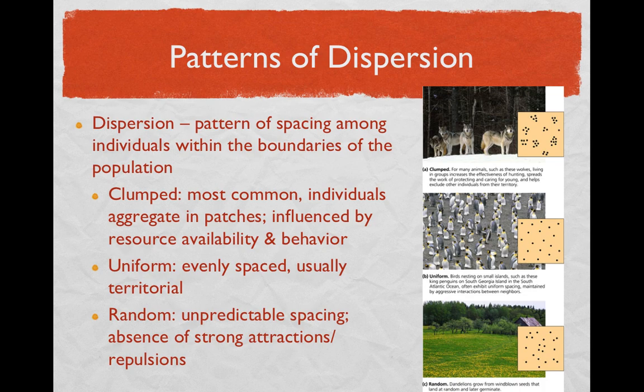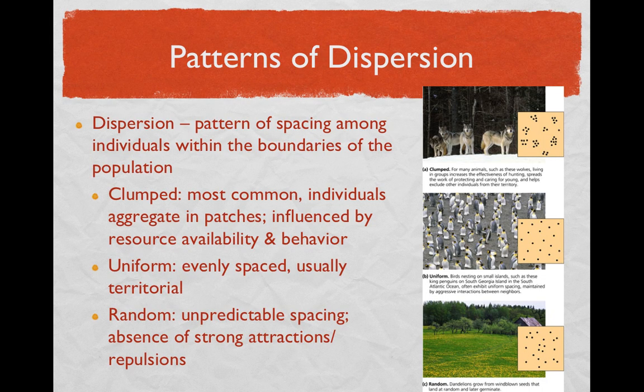So we've got three potential options. They can be clumped together, which if you take a look at the picture here, that's what you're looking at right here. All right, and these individuals are going to aggregate or literally clump together, and this dispersion pattern tends to be found in one of two instances.